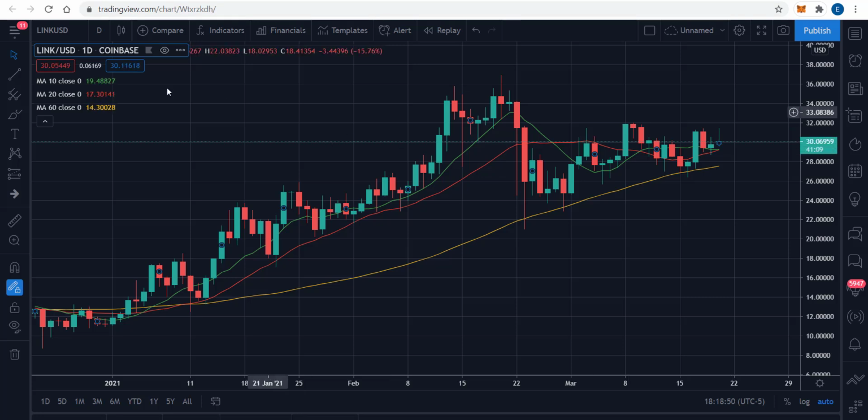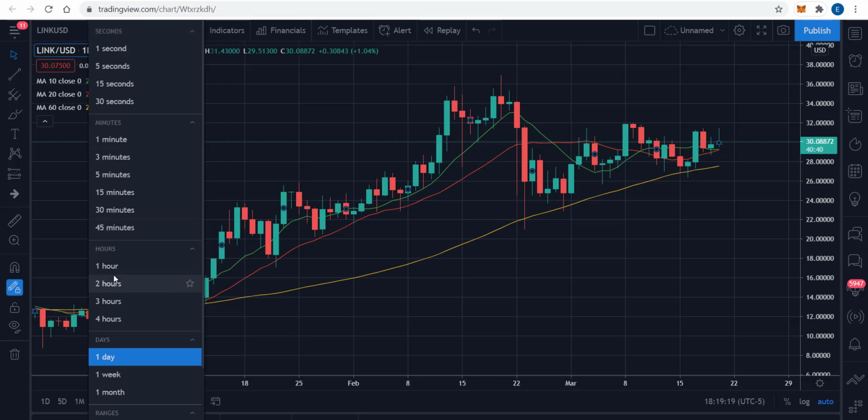If you look in the upper left hand corner, you can see that right now the 10-day average is 29.26. The 20 is 29.20. So that really isn't enough of a difference. This could definitely separate or really flip into a situation where the 10 goes between both moving averages, and I tend to call that congested.